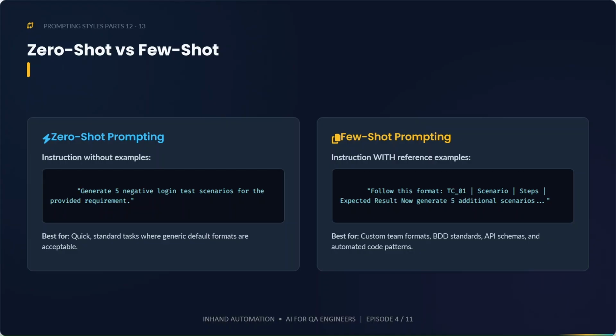So instead of spending a huge prompt explaining the format, sometimes one good example explains it better. So I hope now you are aware of the zero shot and few shot difference, because this is a question which is frequently asked in interviews.